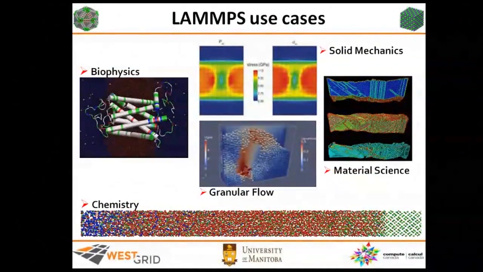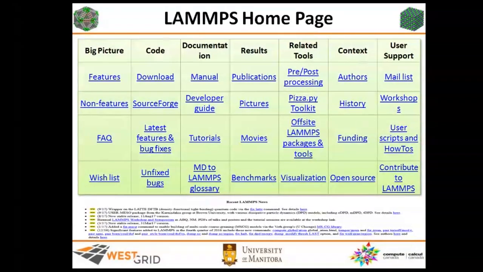These are some use cases of LAMMPS. LAMMPS can be used in biophysics, for example for proteins. You can use it for granular flow. It can be used in material science, solid mechanics, and chemistry. There are many use cases, so I cannot cite everything here. If you go to the LAMMPS web page, there is a table at the beginning.